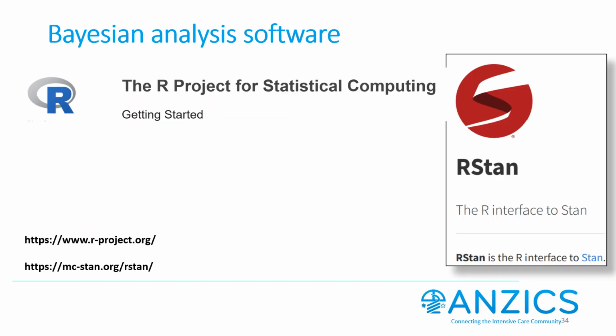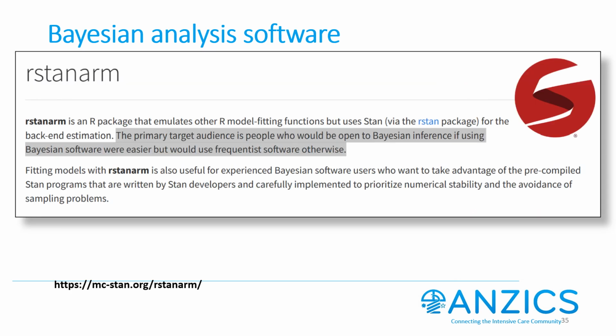Stan interfaces, as you can see, with R, which is a free statistical environment that you've all heard of, and it's taken the world by storm. There are other environments. Wouldn't you like to work with Python, MATLAB, Julia, and Stata? And so Stan exists. R is pretty much where this cutting edge software is being released, and there's an R Stan.